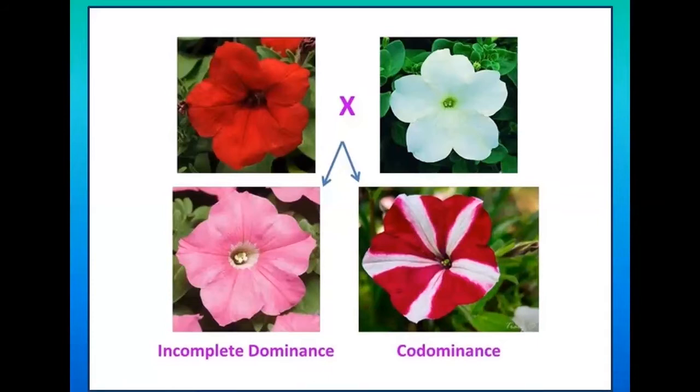Which means the allele of one parent is mixed, blended, combined with the allele of the other parent. So this has something to do with blending, or mixing, a combination of two parental alleles.